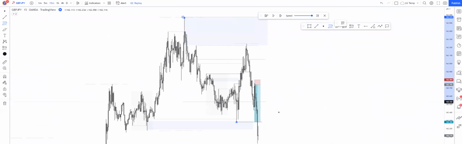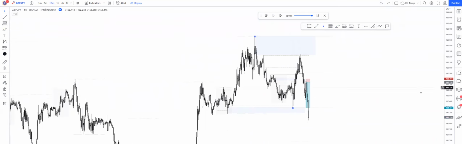So if you're already up here past equilibrium, these are very low probable buys. You can take them, but they're very low probable because you're already in premium. The ones you take down here are the best ones.